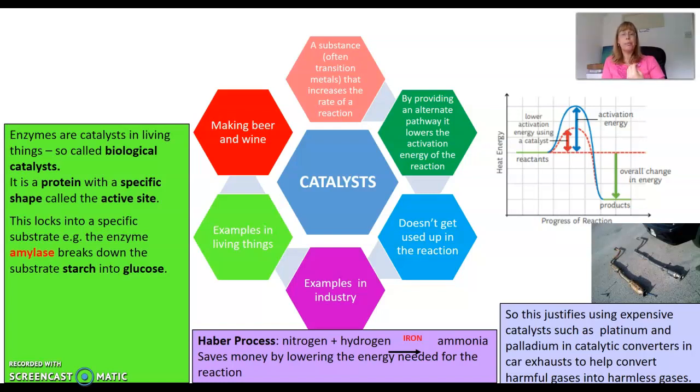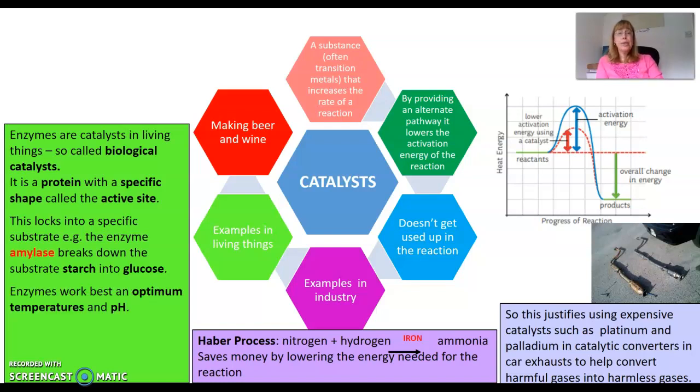And that's why if you put a piece of bread in your mouth and leave it there for a little while, it will start to taste sweet. If you haven't done that before, give it a go. So amylase will only work on starch. It won't work on a protein or a lipid at all.